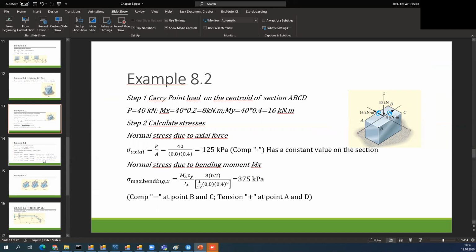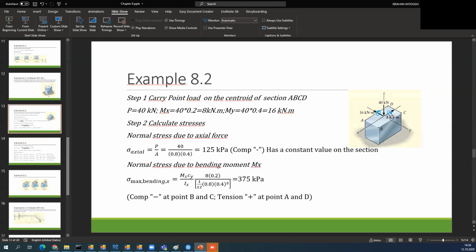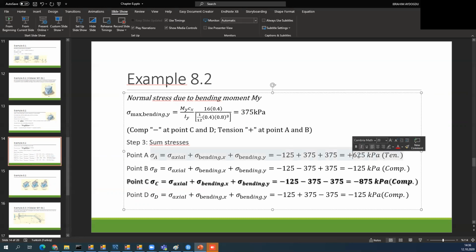Therefore, I write the positive 375 kilopascal. Also for bending Y part, similarly point A and B part, this part is the tension, so also point A has a tension part. Therefore, I write the 375. We obtained 625, not 600. This should be, yes, 625 kilopascal. This is the direction as the tension.